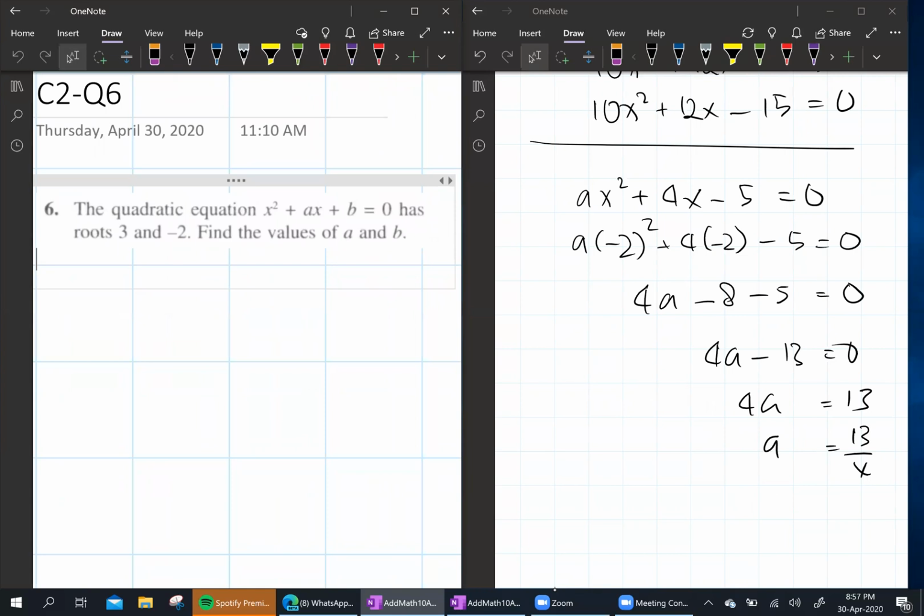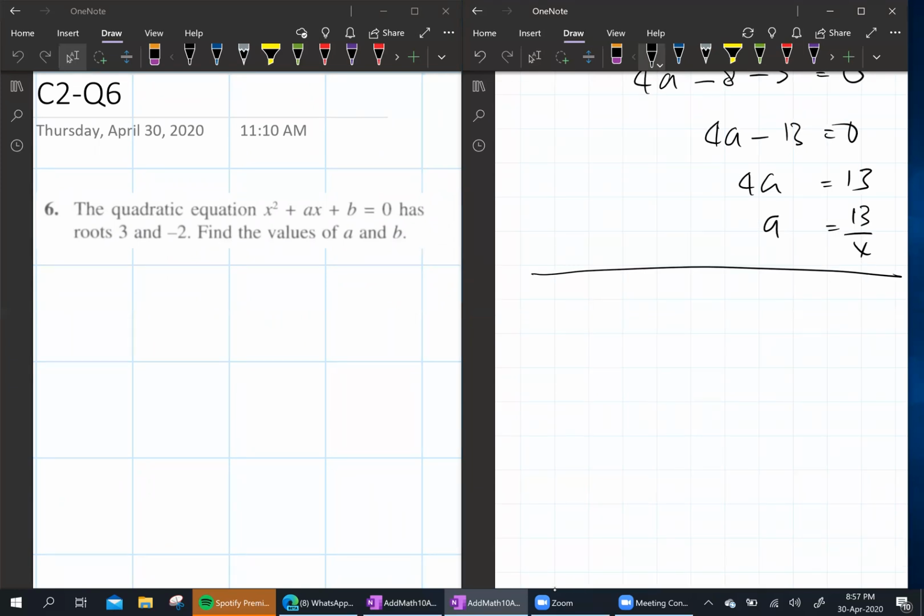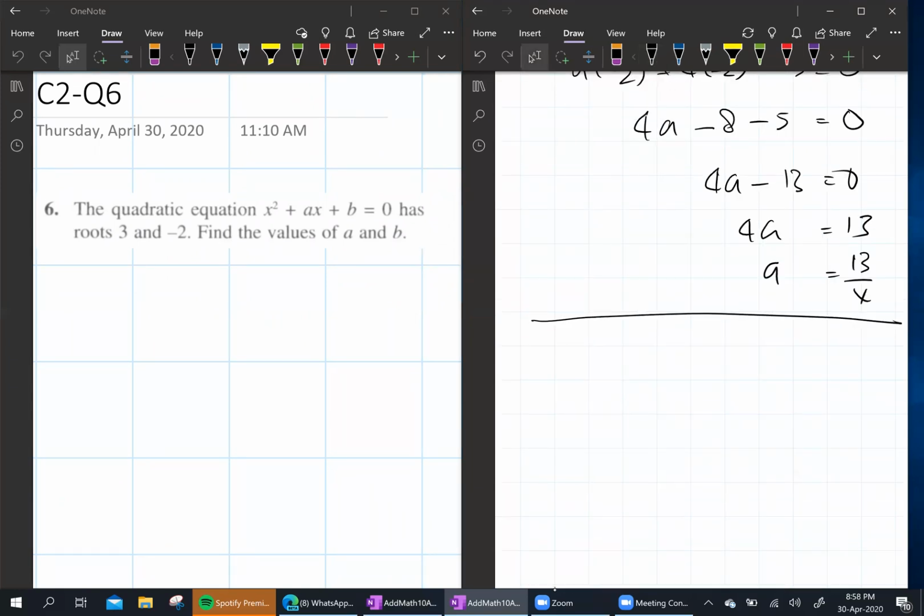Quadratic equation. This is with alpha and beta, right? Yeah, okay, correct. Alpha and beta.